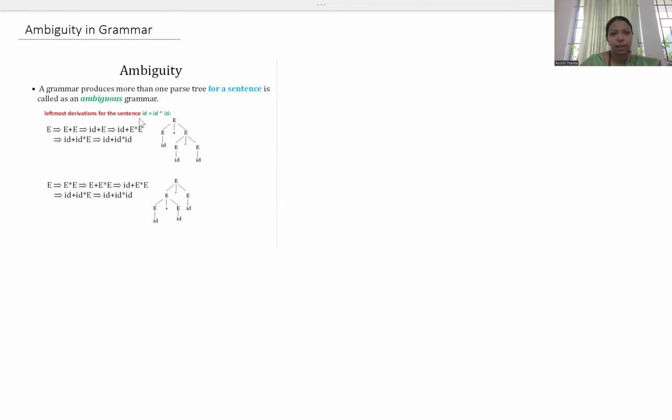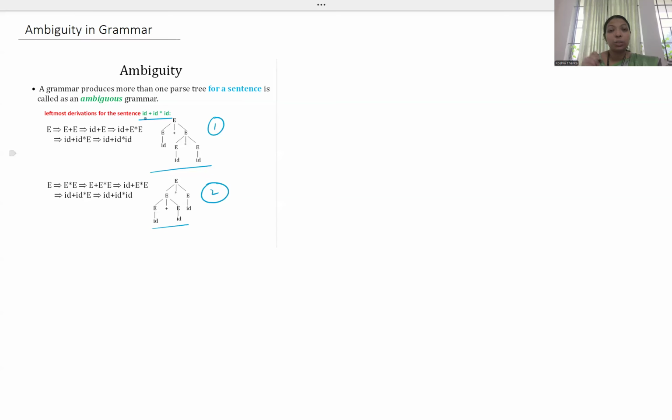For example, here, if I want to generate a string ID plus ID into ID, it has two parse trees to generate the same output string. So it is ambiguous.